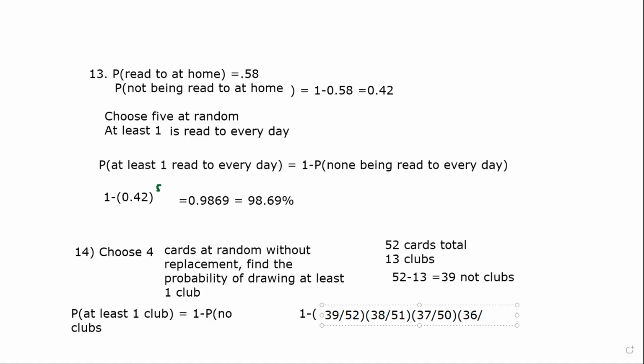The other way to think of this is to say, here's another way to think of the same question. You want at least one club, so you want to have one club and 3 other cards, or 2 clubs and 2 other cards, or 3 clubs and 1 other card, or 4 clubs and no other cards.